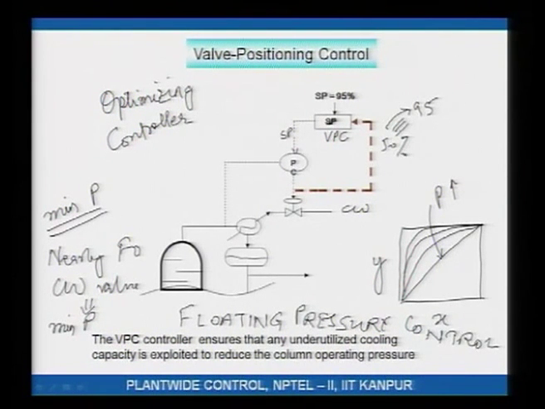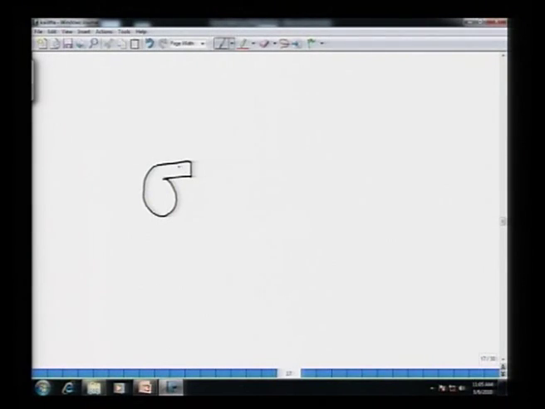Okay. Maybe I should give you another example of a valve positioning controller. For example, consider, let us say I have got a big pump, and let us say it is a variable speed pump. That means its rotational speed is adjustable.